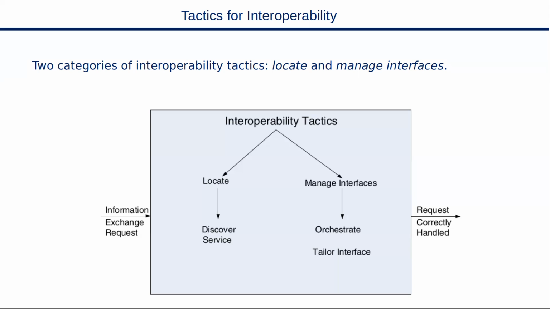Another category of tactics is manage interfaces. Here there are two tactics: orchestrate and tailor interface. Orchestrate is a tactic that uses a control mechanism to coordinate and manage the sequence of invocations between different services.